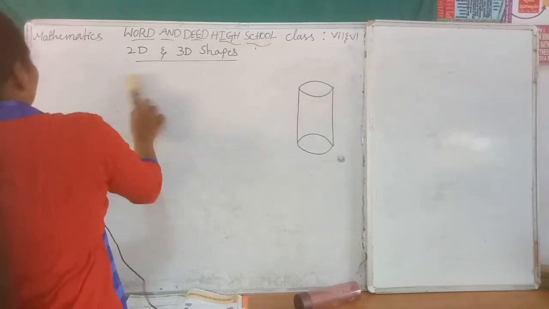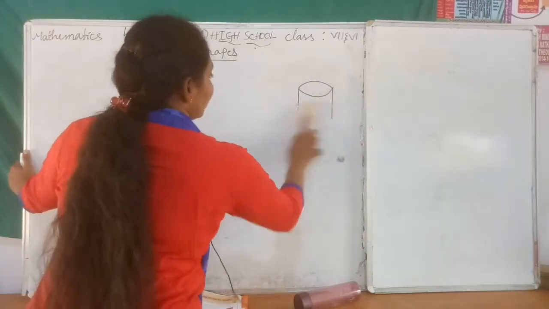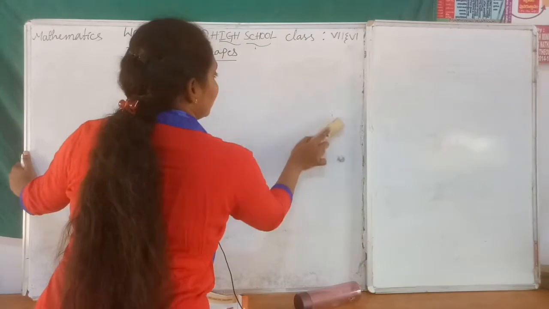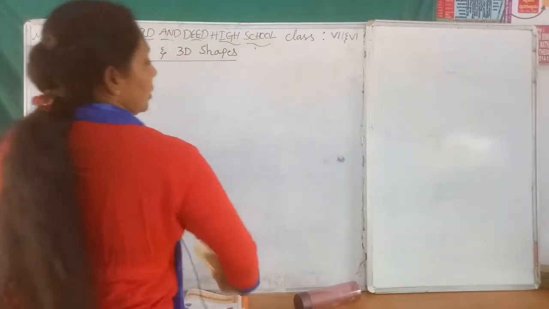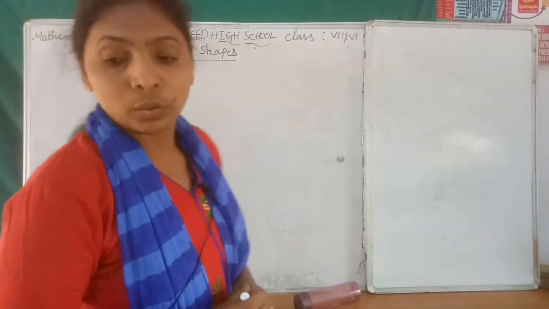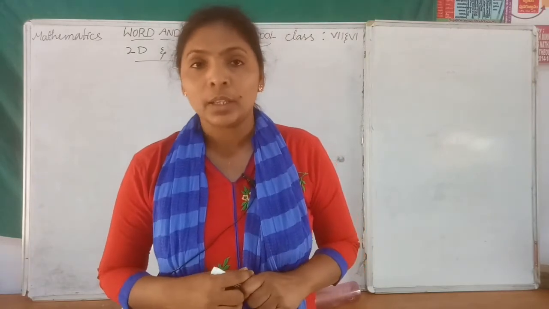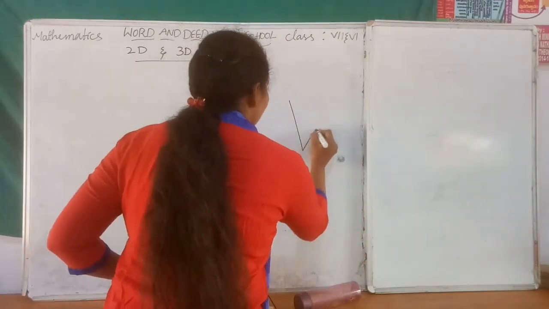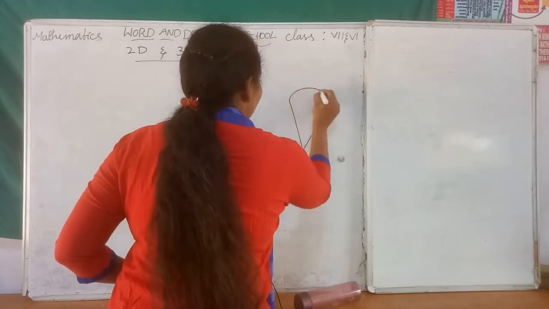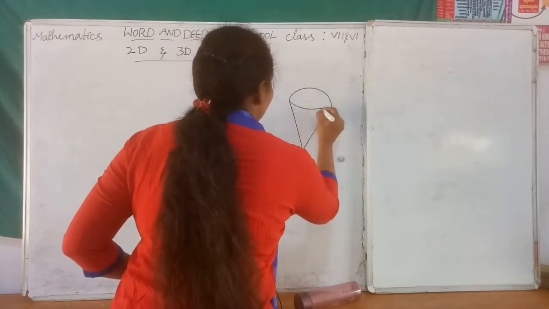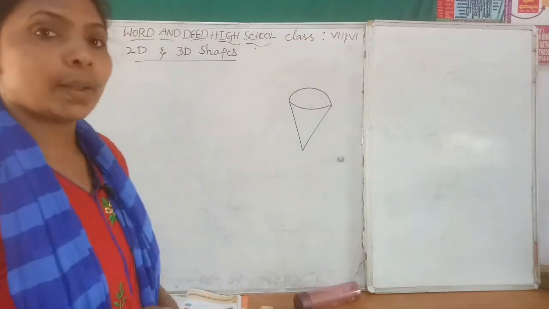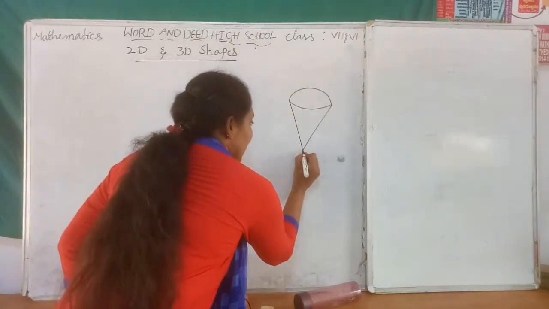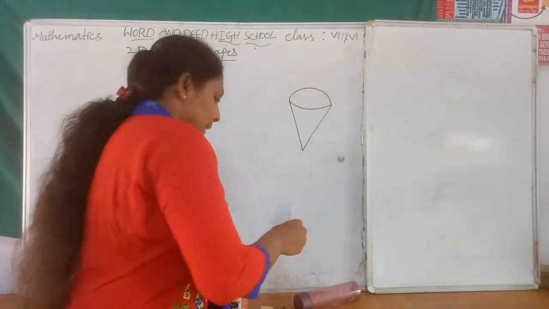Next, cone. Yes, cone. Ice cream cone, children. Suppose it is like this, no? So one vertex we have.